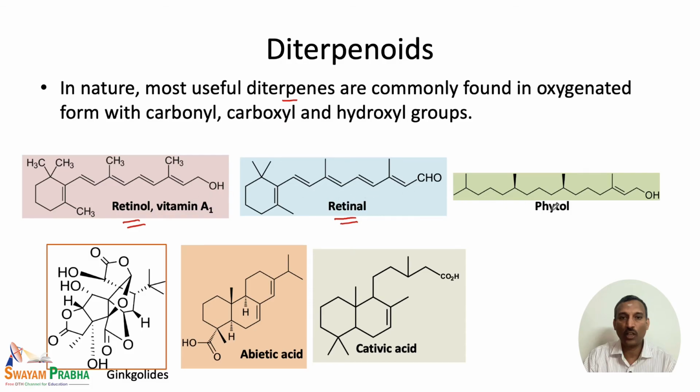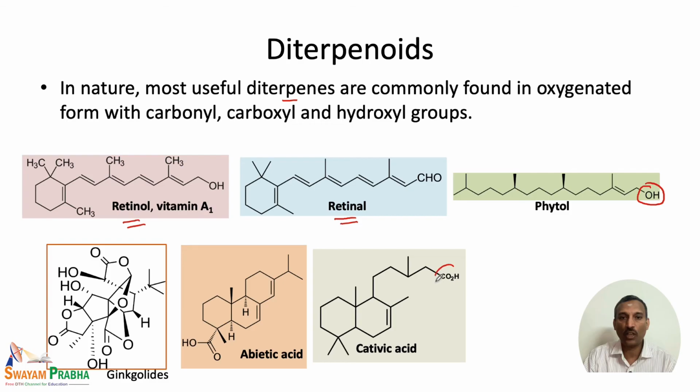Phytol is another compound which is a linear one, containing a hydroxy unit. So this is a diterpenoid, and ginkgolides, abietic acid and cativic acid are some of the examples of bicyclic, tricyclic and polycyclic diterpenoids.